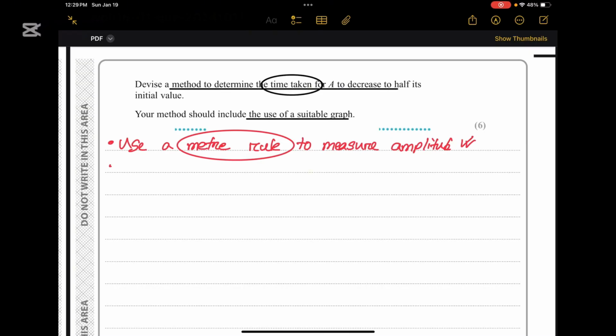So use a set square to ensure the meter rule is vertical.